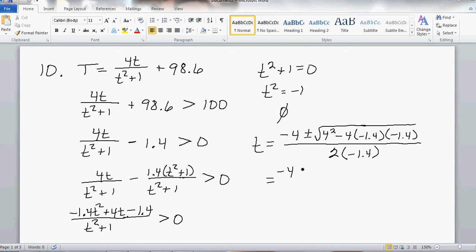So this is negative 4 plus or minus the square root of 16 minus, let's see, I don't know the exact value, but I do know that this whole quantity here is equal to 8.16.